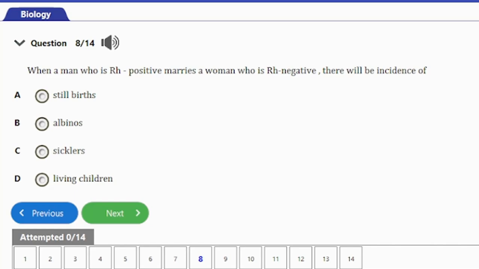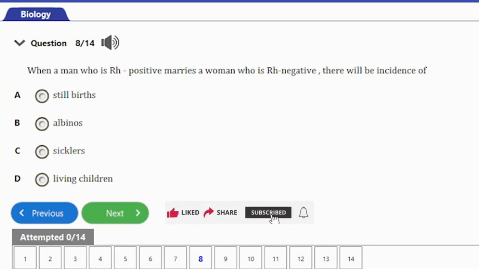Then in the case of the second birth, these antibodies might fight against the blood of the baby if the second baby also happens to be rhesus positive, and in such a case this will lead to stillbirths.